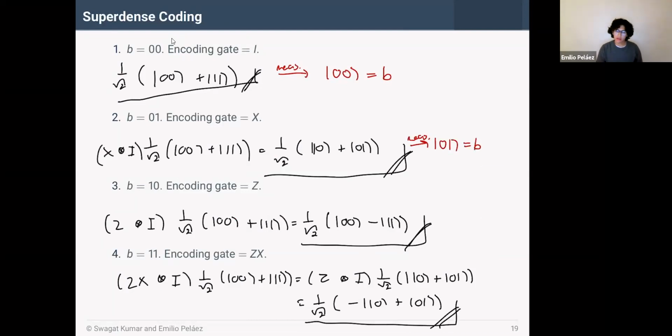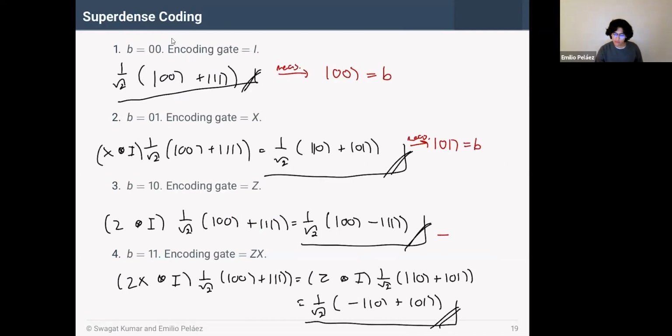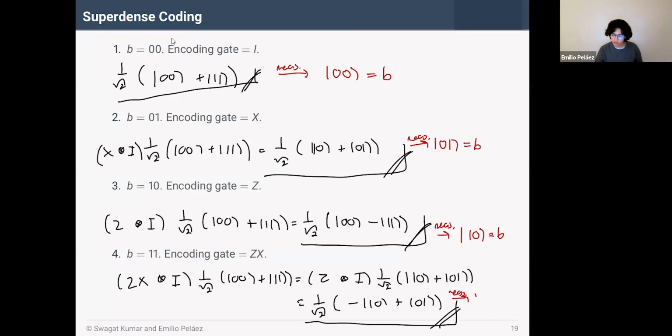And then in case number 3, we have 00 minus 11, which corresponds to equation 15. And then from measurement, you get 10, which is exactly the same as the bit string. And finally, the same for the last case, we have minus 10 plus 01, equation 16, which simply gives us 11, which is exactly the bit string.